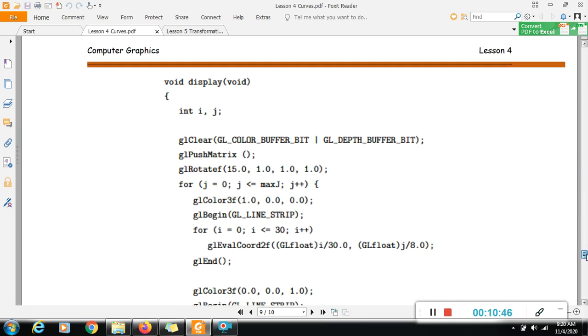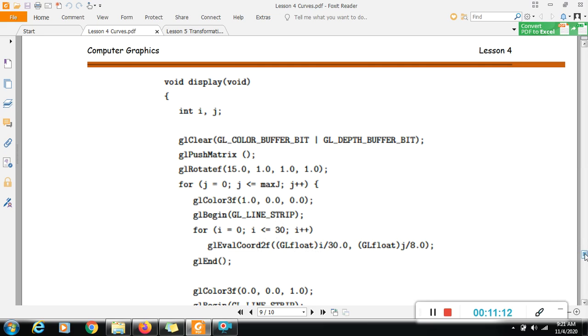Void display function, you have seen that. We introduce the line strip here. We are going to be drawing several lines which are going to form 2 dimensions, as you're going to see, and you're going to use evaluate coordinate 2 because now it's 2D. And of course you can see that this is limited to 30 iterations if you want.